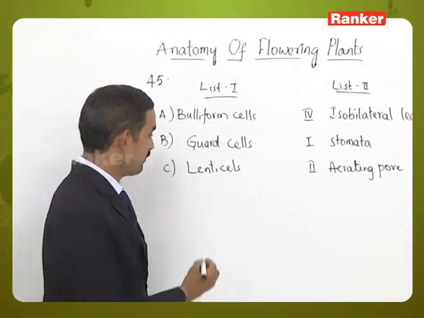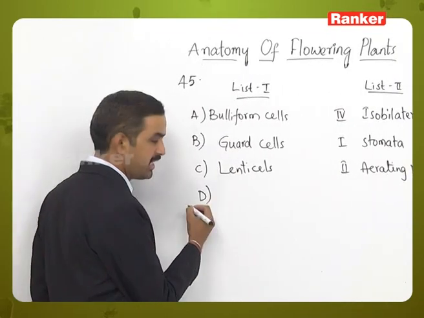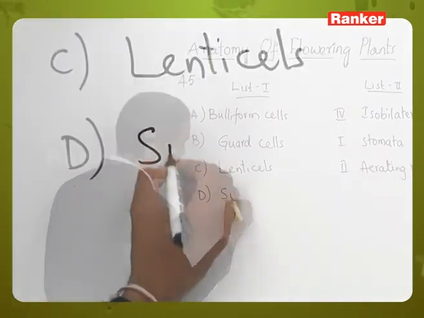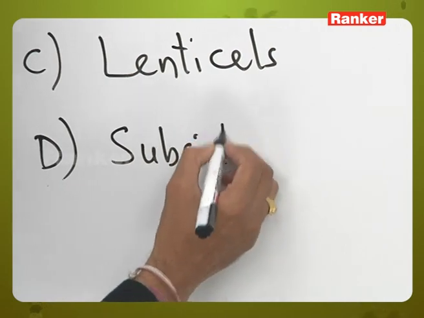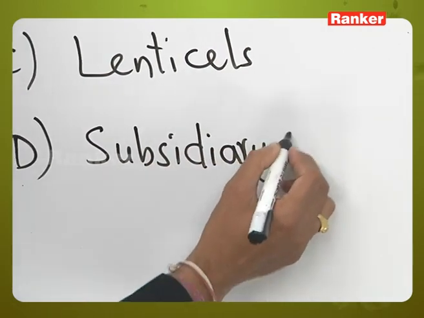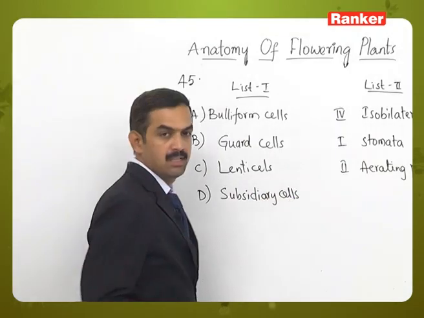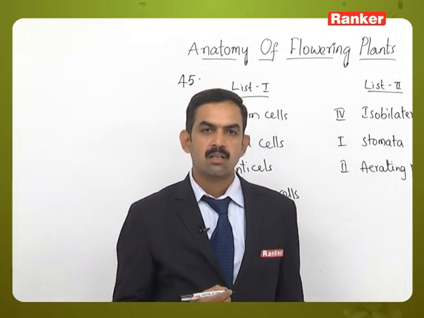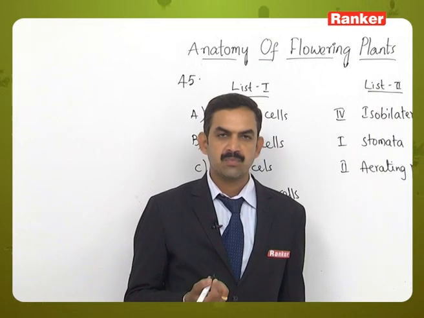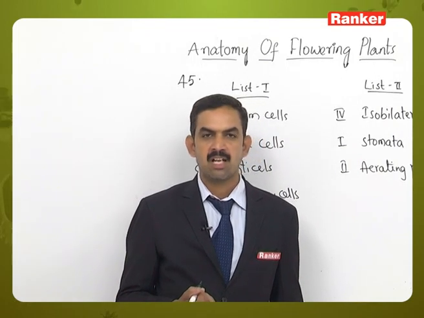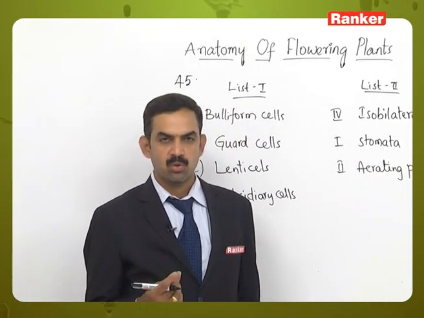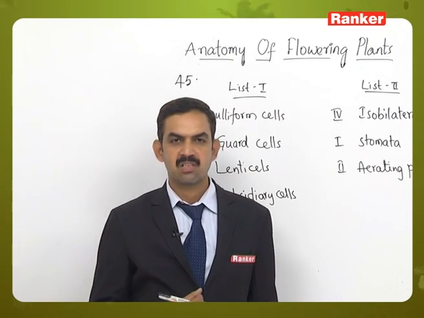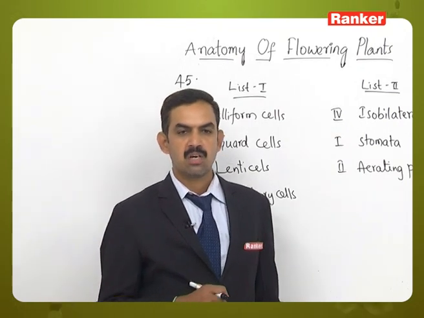Then the last one, that is D, subsidiary cell. Subsidiary cells are also present around the guard cells, helping in opening and closing, in the turgidity and flaccidity of the guard cells.